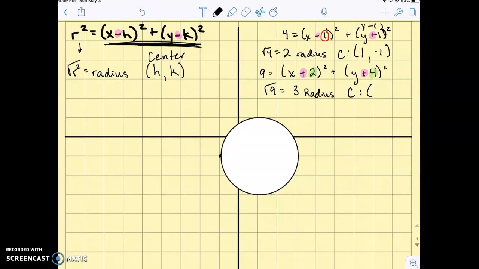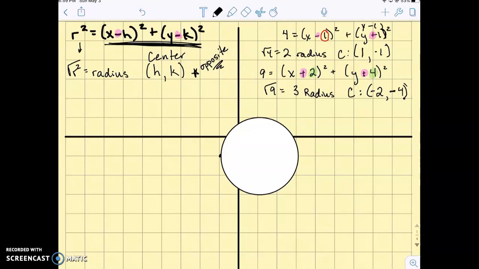So in order for it to become positive, that means the 2 is actually a negative 2, and that positive 4 is actually a negative 4. So we're just going to put a little star over here: the h and k values will be opposite.